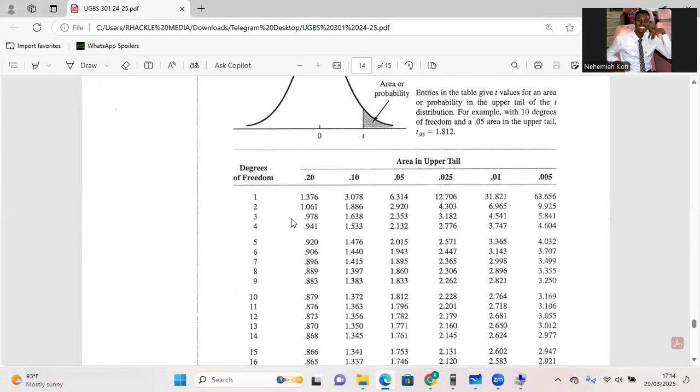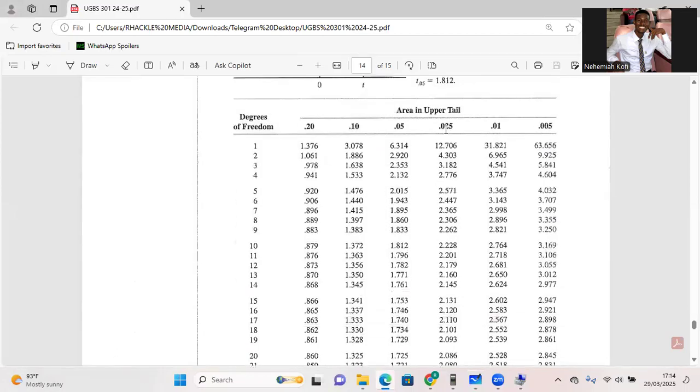You look for 0.025 here, and then go down towards 10. Right. Normally, paired sample normally has two tail.